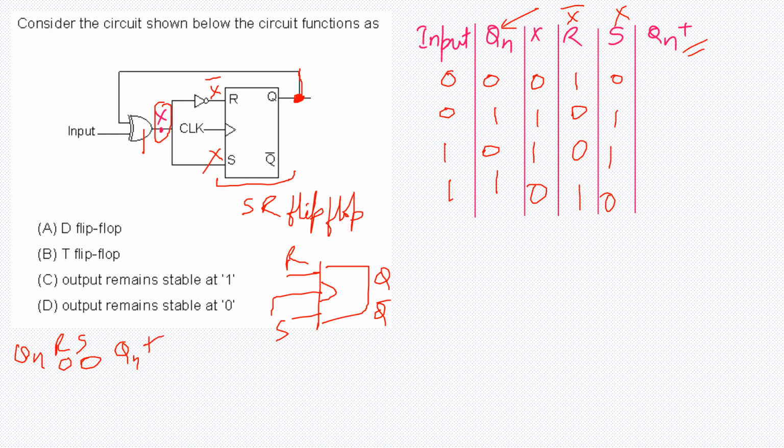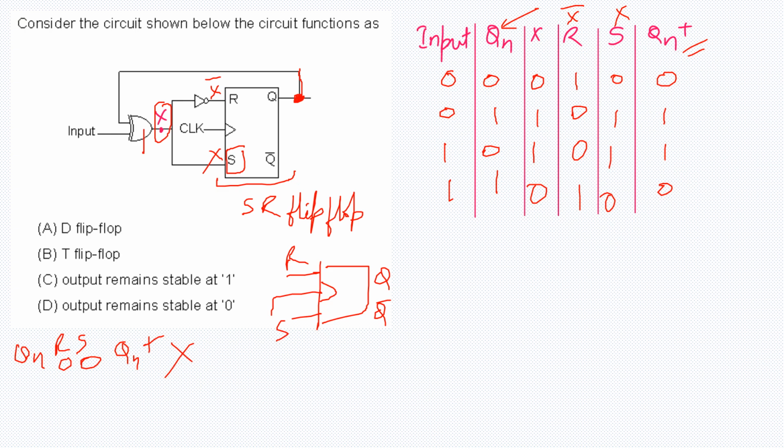But here you can see that X bar and X can never be the same because they are complements of each other, so the 0 0 state will never occur. Only 1 0 or 0 1 is going to be there. So your output will simply depend on your S, and it will be 0 1 1 0.